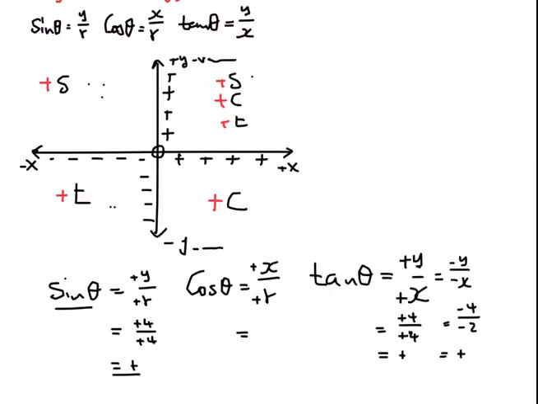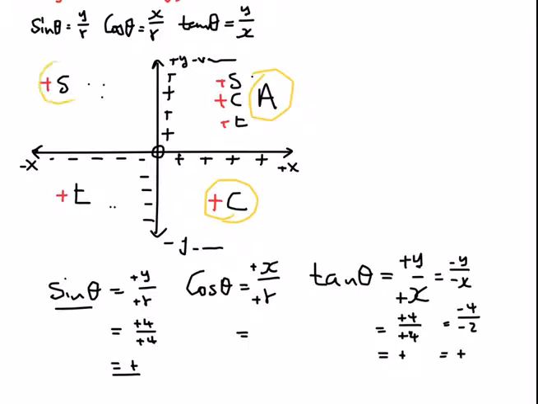So that is why we can just say all of them are positive in the first quadrant. Very important that you realize that they end up calling this the cast diagram. Why the cast diagram? It is just to make it easier to remember.